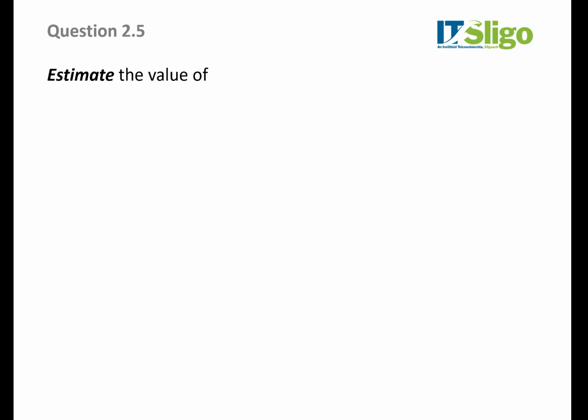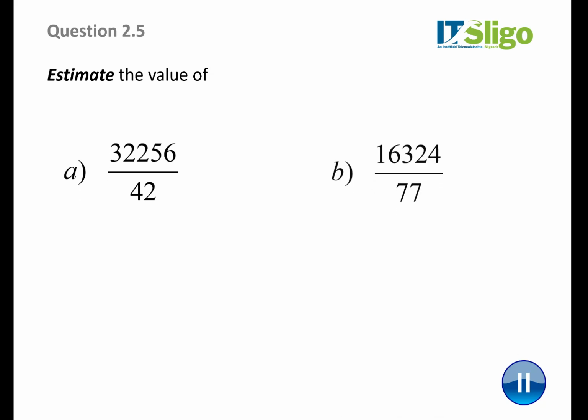So now, you guys pause and have a wee go at these two here. And just to emphasize what I was saying earlier, you could go for 30,000 on the top here and 40, but they don't go in nicely.